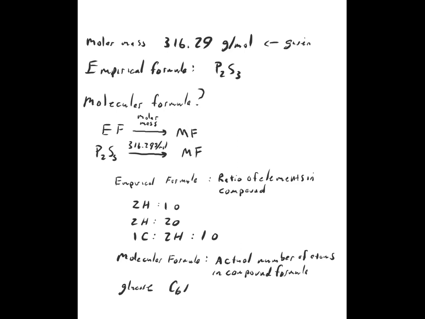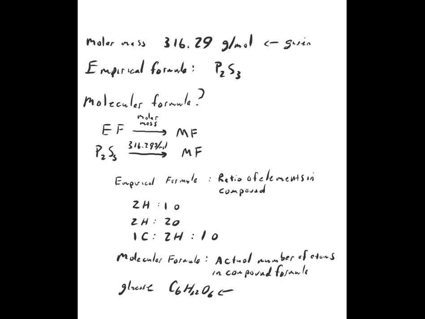Glucose is C6H12O6. It has 6 carbons, 12 hydrogens, and 6 oxygens in one molecule. That is the molecular formula right there. It's not just the ratio of how many carbons and hydrogens and oxygens are, it's the actual number. So that's a very useful thing if we want to figure out all kinds of things, knowing what the actual compound is. The empirical formula isn't that same information.